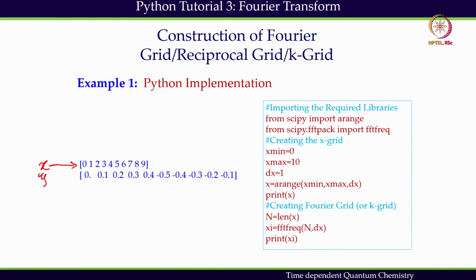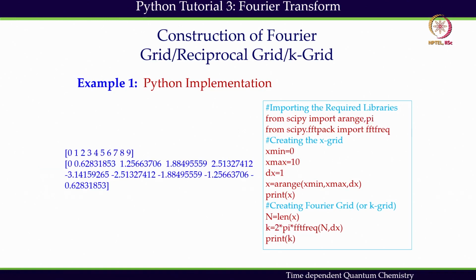Then we have the xi components, and note that the window length is the same. Now we have to find k, and k is nothing but 2 pi into xi. So we just multiply this entire xi array by 2 pi, and then we get the k values.